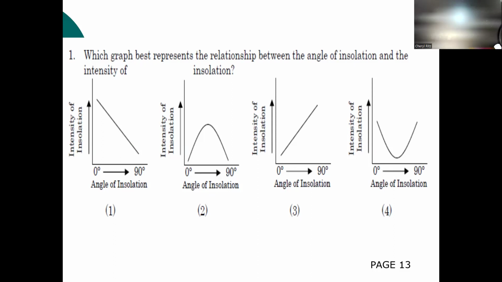Three. So when it's low to the ground, it's weak. When it's highest in the sky, it's strong. So number 1, the answer is 3.